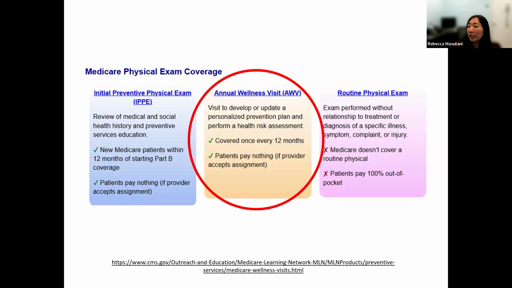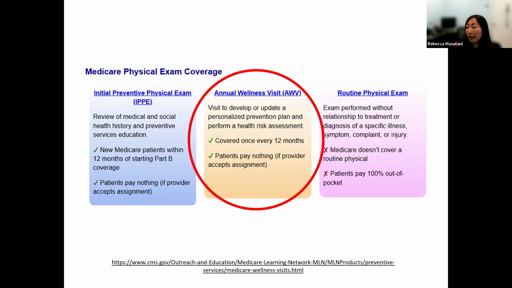What I'll also add here is that for both the initial preventive physical exam and annual wellness visit, patients with Medicare may not have to pay any cost-sharing amount, that is a copay or coinsurance, if the provider accepts Medicare assignment, meaning that there is an agreement between the healthcare provider and Medicare, whereby the healthcare provider accepts the Medicare-approved amount for that covered service as full payment.